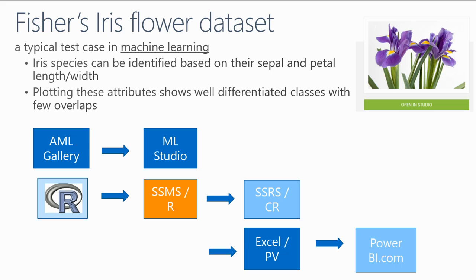And we will put R integration into all our BI products, including Power BI, Power View, SharePoint integration and Reporting Services. I did build all these pieces, but we definitely don't have time to go through everything. So I'm going to focus on showing you where I get the model from the gallery and run it in SQL Server. Then you can visualize the results in Power BI.